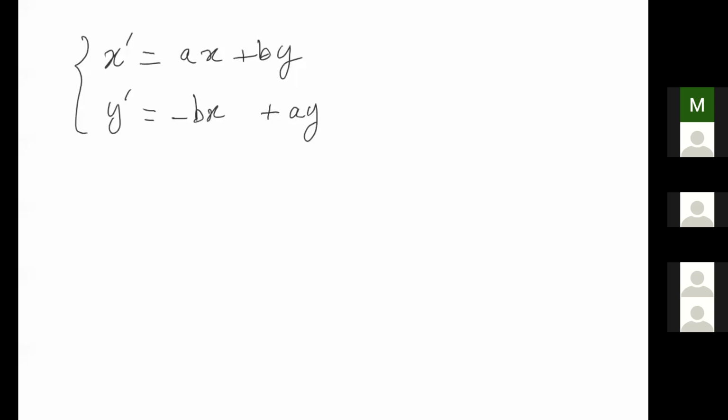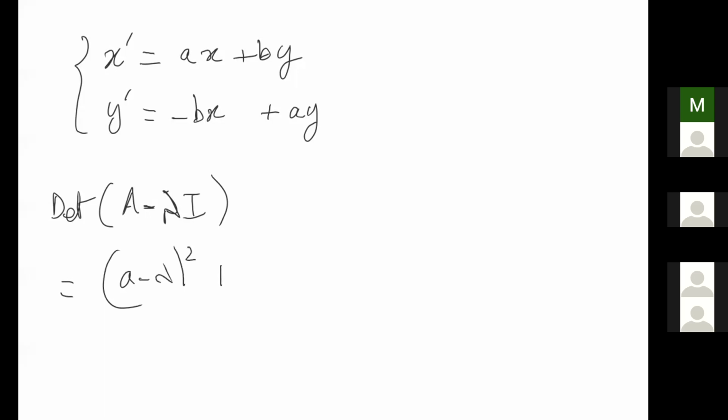So now we are considering this equation. If I compute the eigenvalues, so let's do it, determinant of the matrix minus lambda identity. This is equal to a minus lambda squared plus b squared.